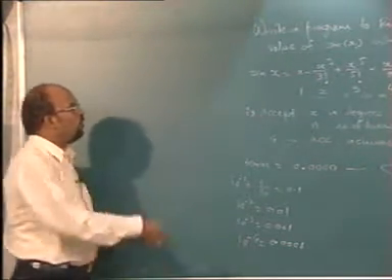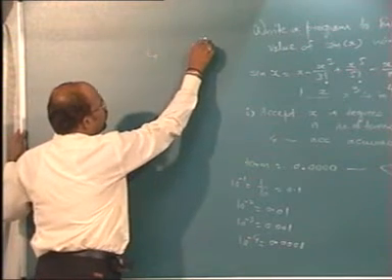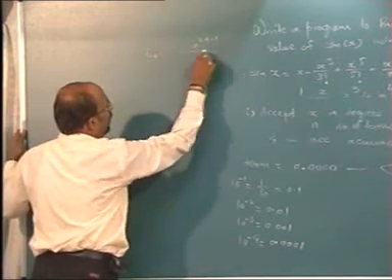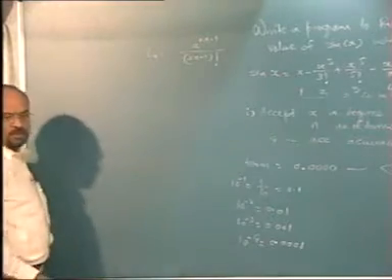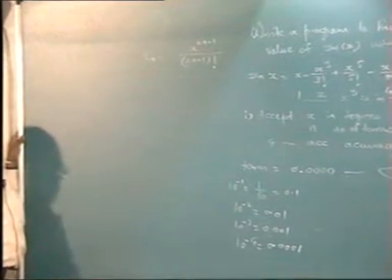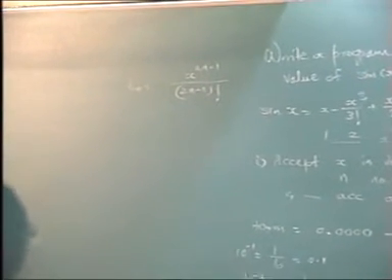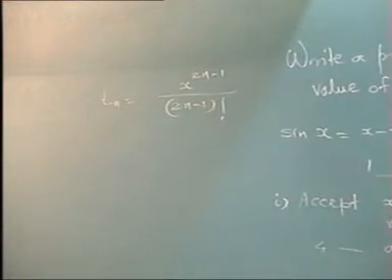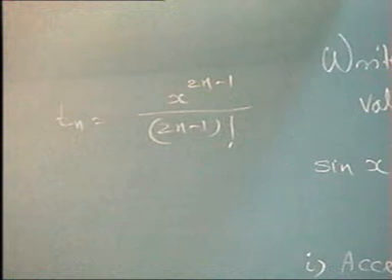So we will go for writing the nth term, which will be x raised to 2n minus 1, as you have rightly pointed out, upon 2n minus 1 factorial. The power is the same as the denominator. What will be the sign of the nth term, positive or negative? If n is even, it is negative.